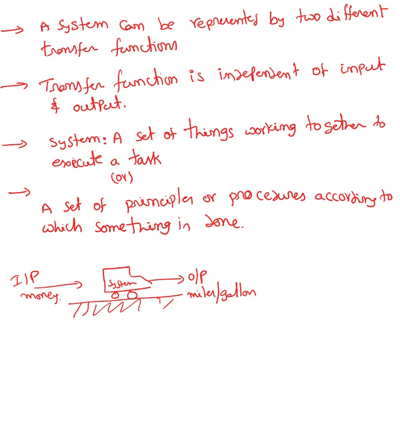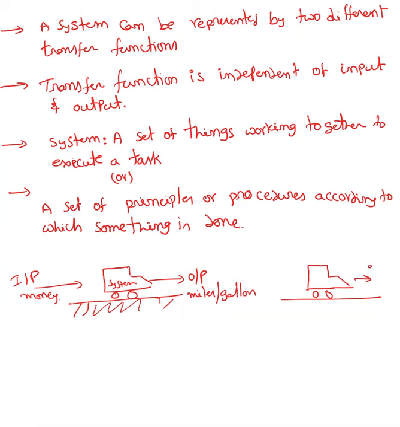To relate these two, I need to take a set of state variables. Those could be velocity, mass, or number of passengers in the car. Now, for the same car, your requirement is a little different than mine.